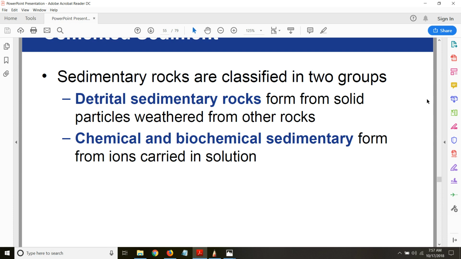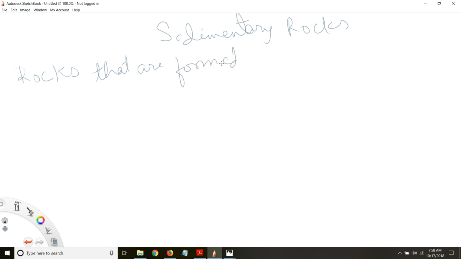Once again, just for a review, what is sedimentary rock? Sedimentary rocks are rocks that are formed after lithification of sediments.